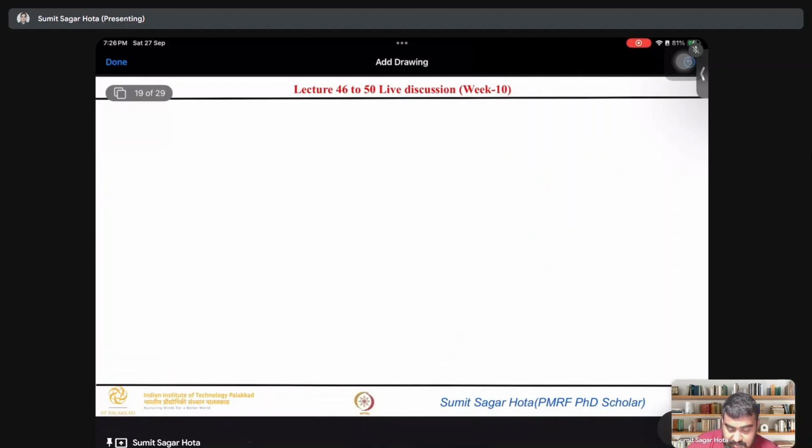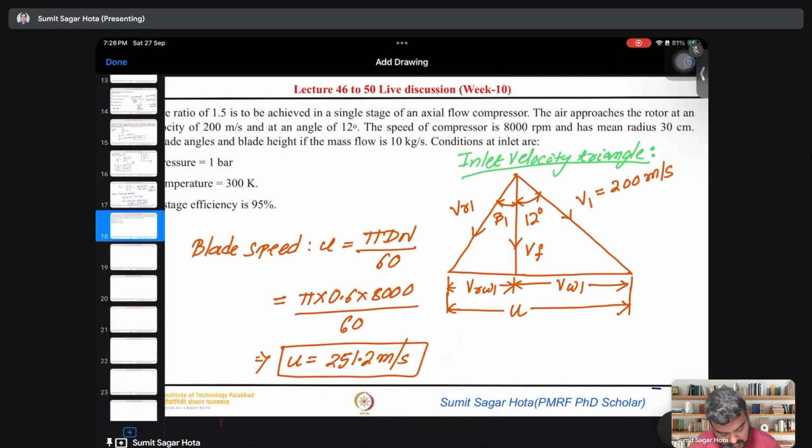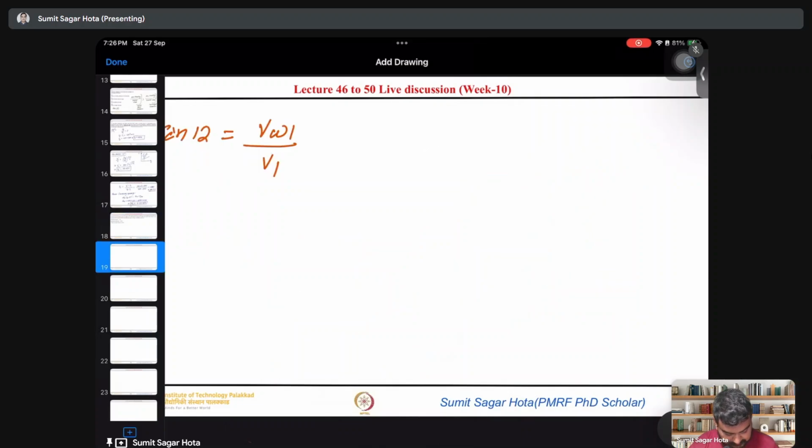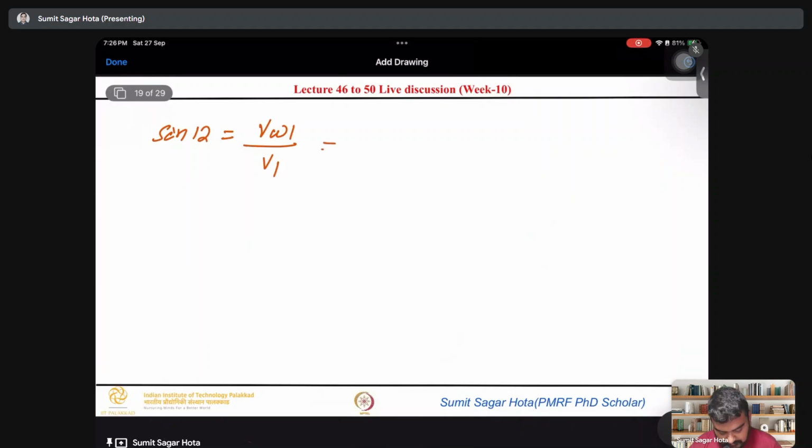So let's apply the trigonometric relation for the angle 12 degree. What is sine 12? Sine 12 is equal to VW1 by V1, the opposite side divided by the hypotenuse. We already know the V1 value, the absolute velocity of the rotor, given as 200 meter per second.